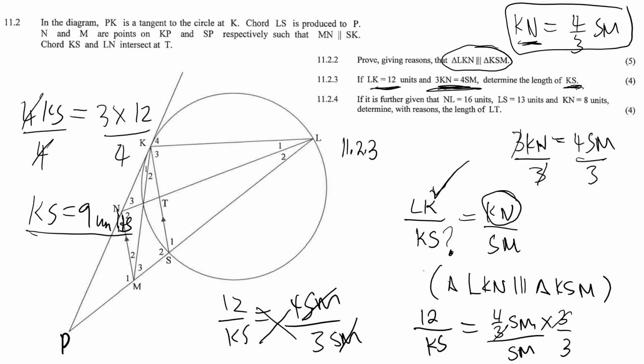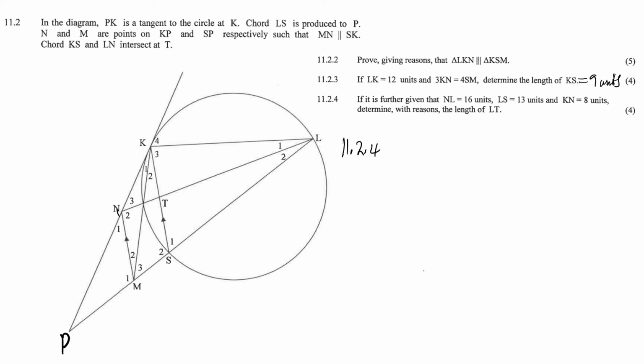Okay, let's now move to 11.2.4. It says, if it is further given that NL, let's go to our diagram and represent this. NL, which is the bigger side there, NL in black, is 16 units.